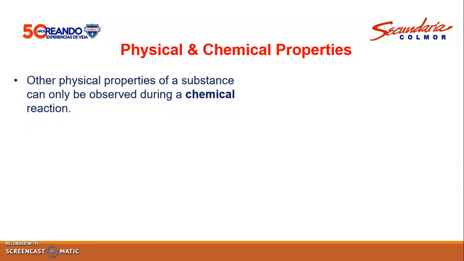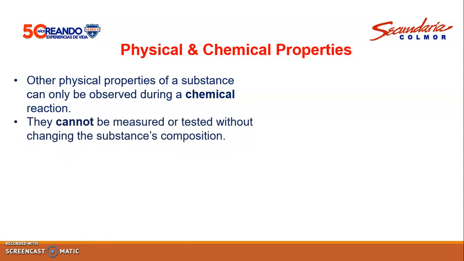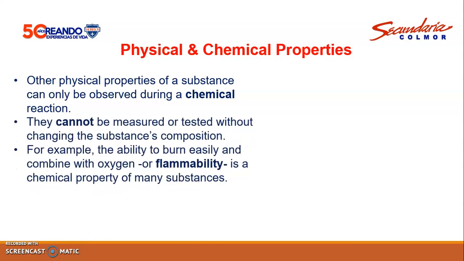Next, we are going to see the properties that can be observed only during a chemical reaction, right? So, for example, the ability to burn, what we call flammability, is a chemical property of many substances.